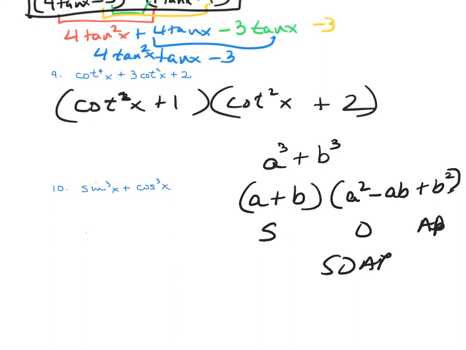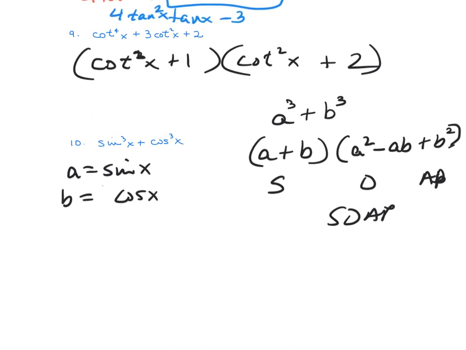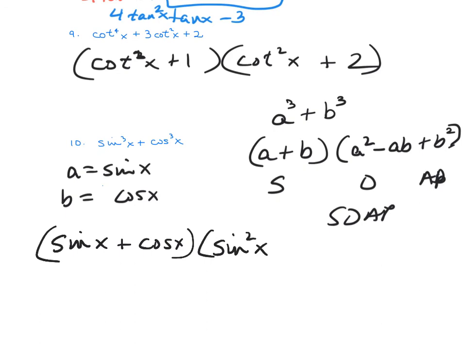So in my problem here, my a is sine, my b is cosine. So I'm going to do sine x plus cosine x, square the sine, flip the sign, opposite, multiply sine x cosine x, and then always positive. Square the cosine. And it would be factored.